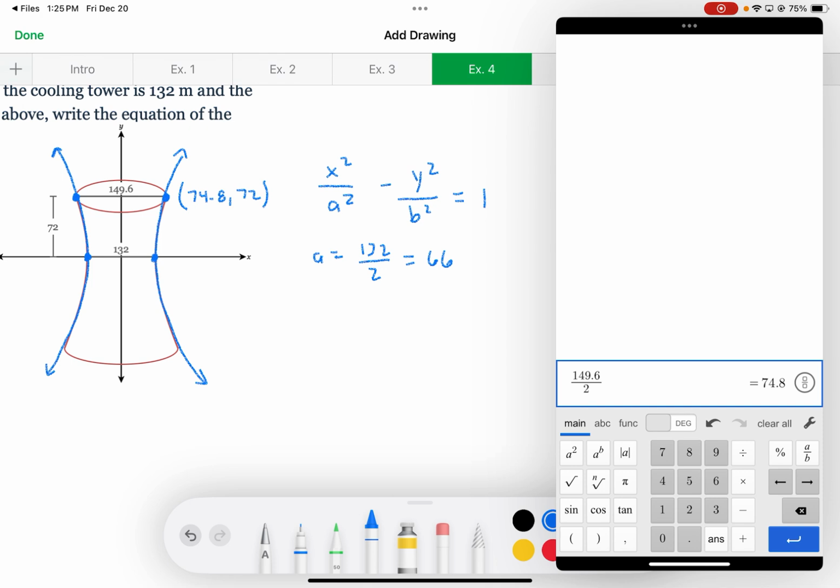So effectively what I've got here is just this random point on the hyperbola with an x-coordinate and a y-coordinate that I can plug into the equation or that model there along with my a value. So we have 74.8 squared over 66 squared minus 72 squared over b squared equals 1.